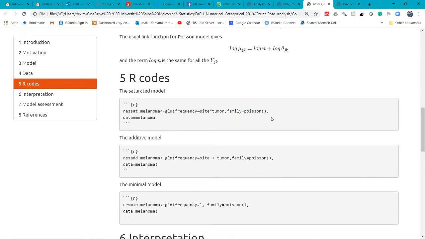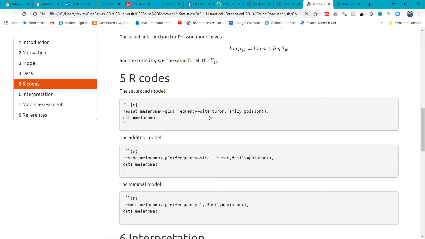The R code for Poisson regression is simple. You use this GLM, and this is the outcome variable, which is supposed to be in count integer, and these are the predictors. Here we specify that there is an interaction between variable site and tumor.